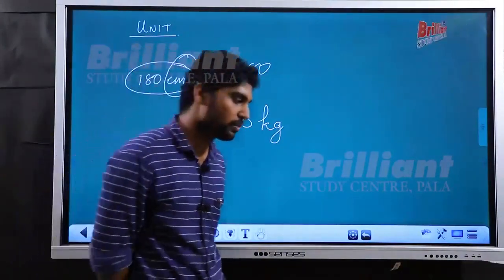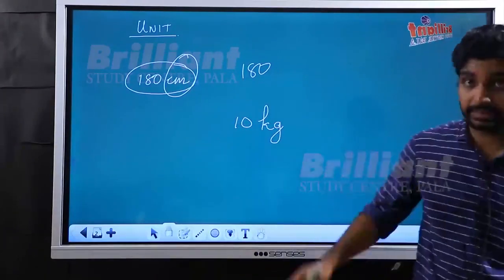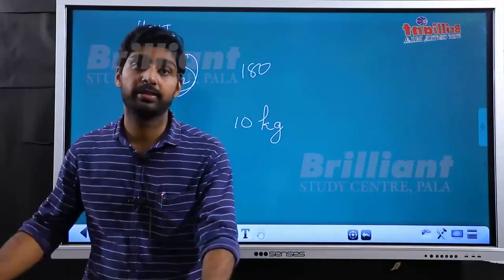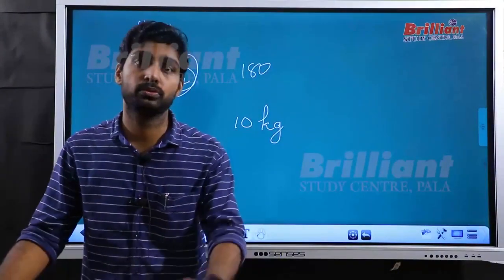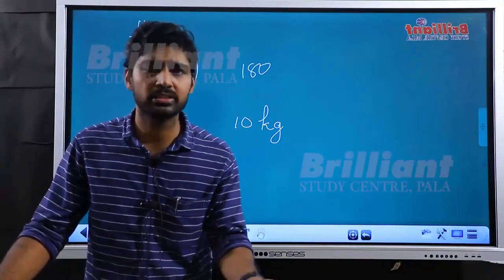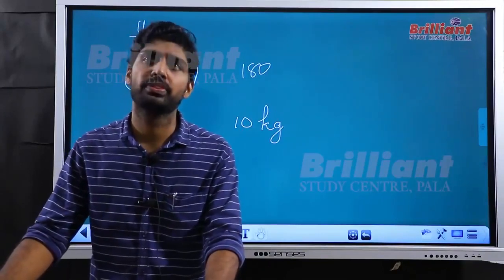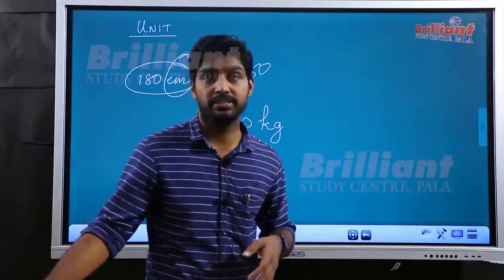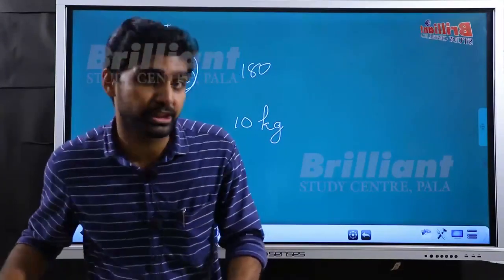It is universal. There is no confusion. If I say it is 10 kilogram, it is 10 kilogram, maybe 10 kilometers apart. Or if I take it to another position on earth and measure it, it is going to be the same 10 kilogram. So a unit is an internationally accepted reference that we can use to measure a physical quantity.